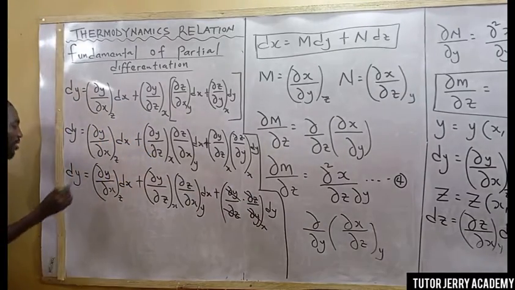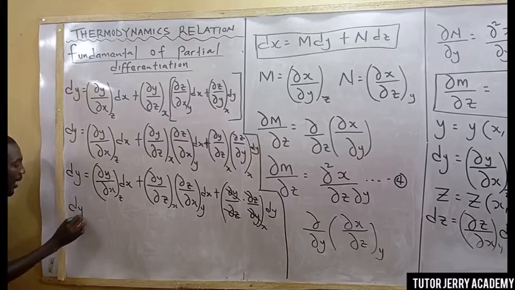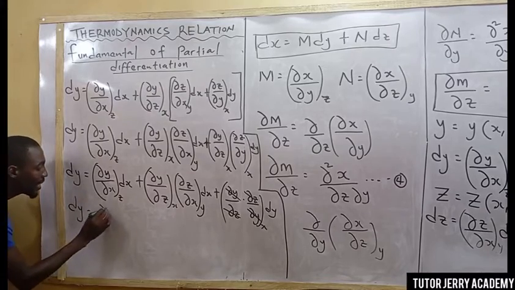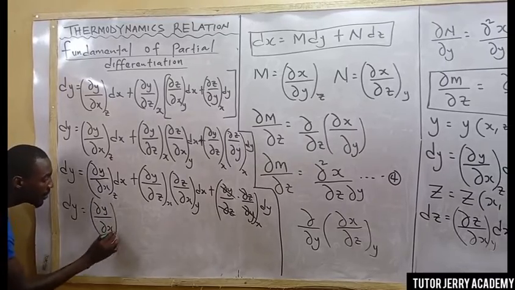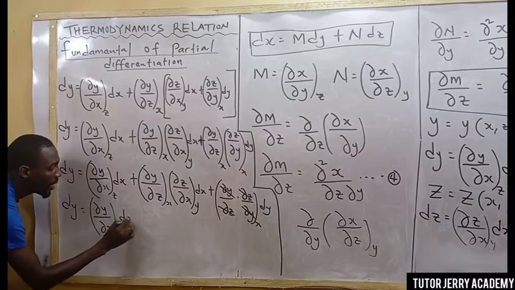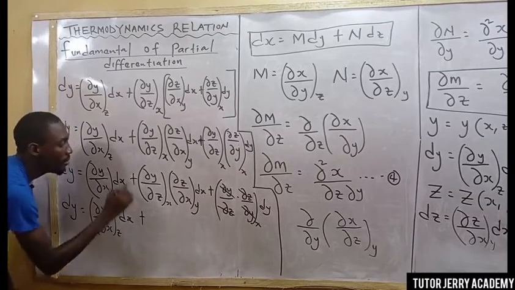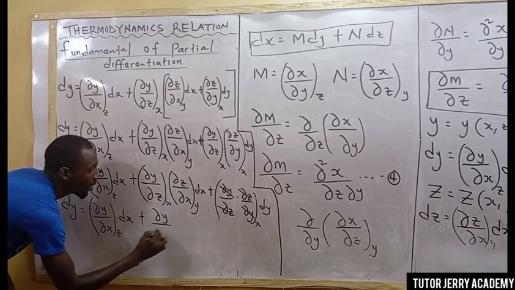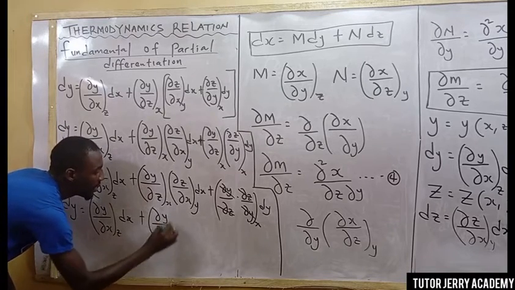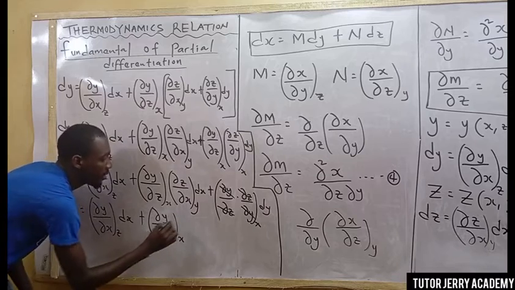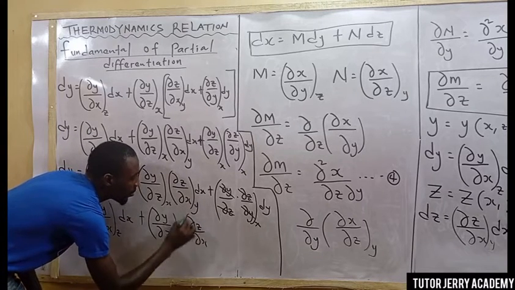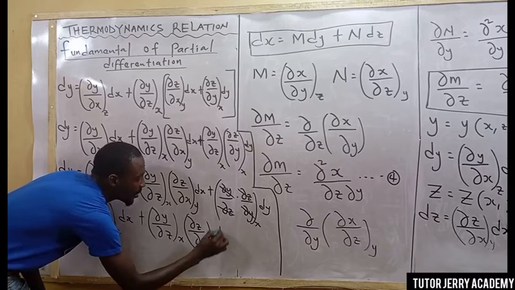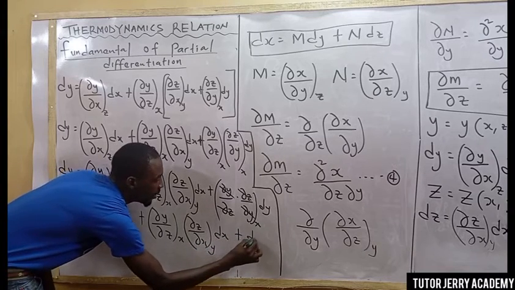So now we can therefore write this equation as dy equals partial derivative of y all over partial derivative of s, keeping z constant, ds, plus partial derivative of y all over the partial derivative of z, keeping s constant, into partial derivative of z all over the partial derivative of s, keeping y constant, ds, plus dy.